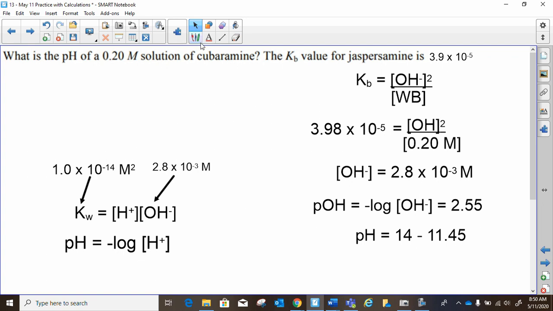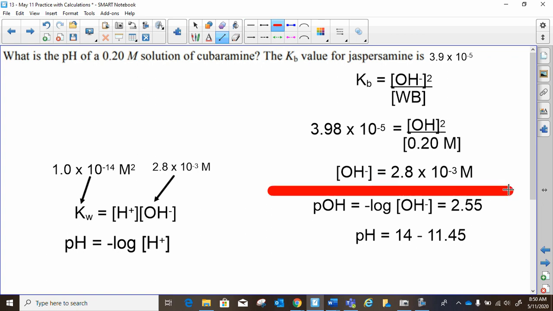Okay, so up to, choose a color, up to here, this red line and above, everyone should have done the same way. But to find the actual pH, you could have done this or you could have done this, either way. Okay.